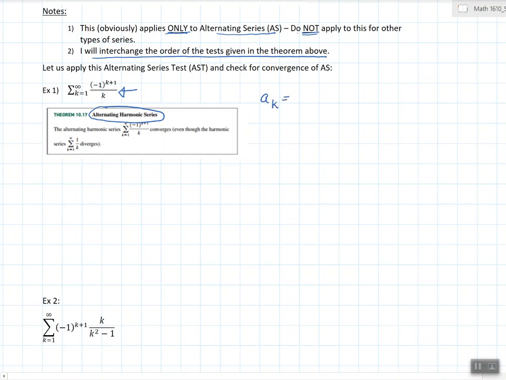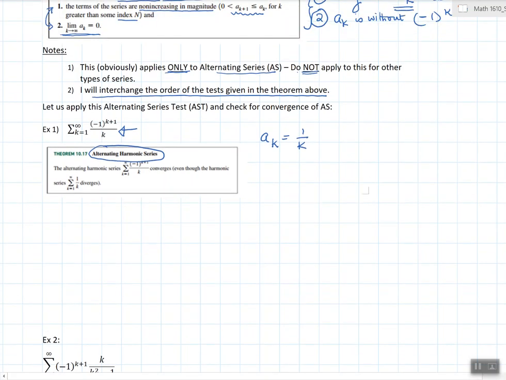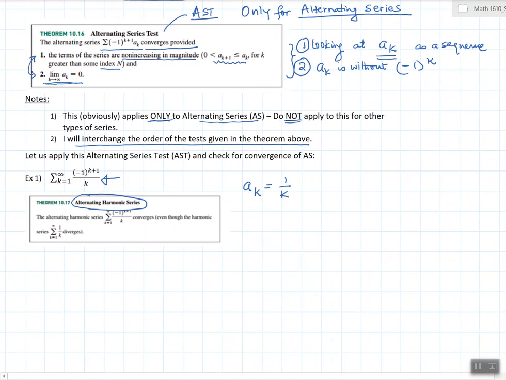Now remember, ak is the term without the alternating sign. That means in this case ak is 1 over k. Now we are going to check each of these two tests. So I'm going to do this one first, and then I'll work on this one.